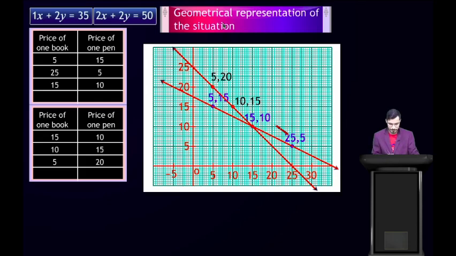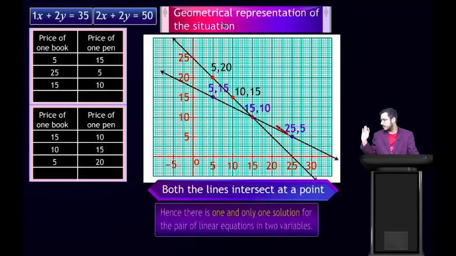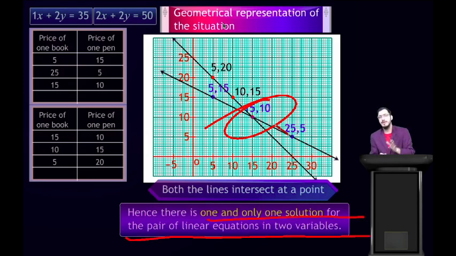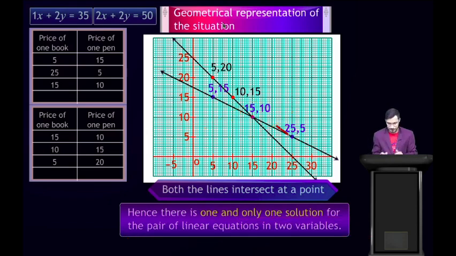Both the lines intersect at a point, hence there is only one solution for the pair of linear equations in two variables. You can see both the lines intersect at only one point, one and only one point. So there is one and only one solution for the pair of linear equations in two variables.